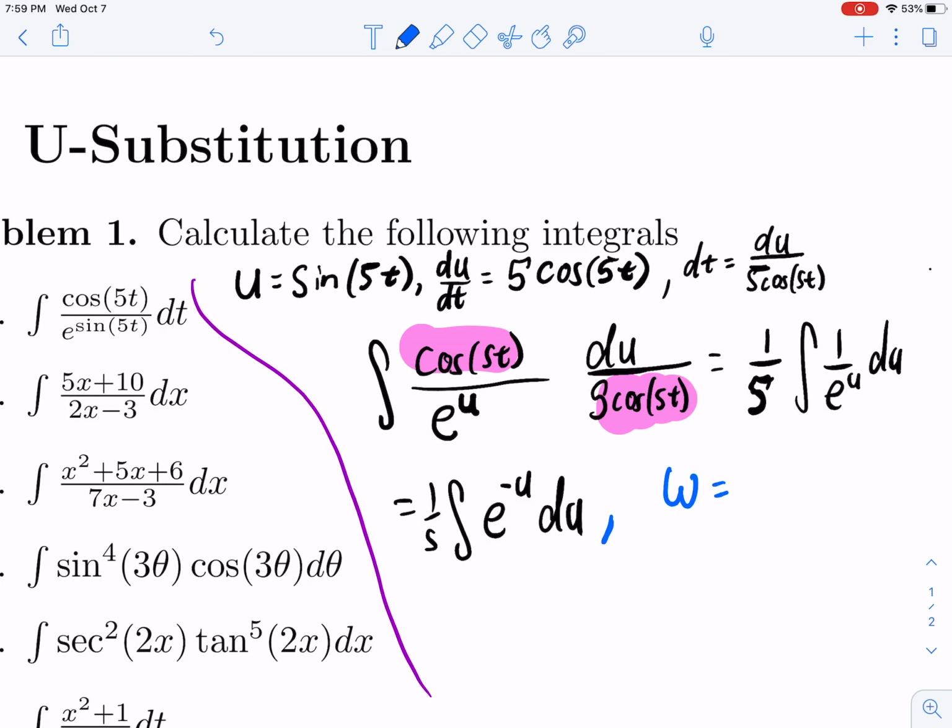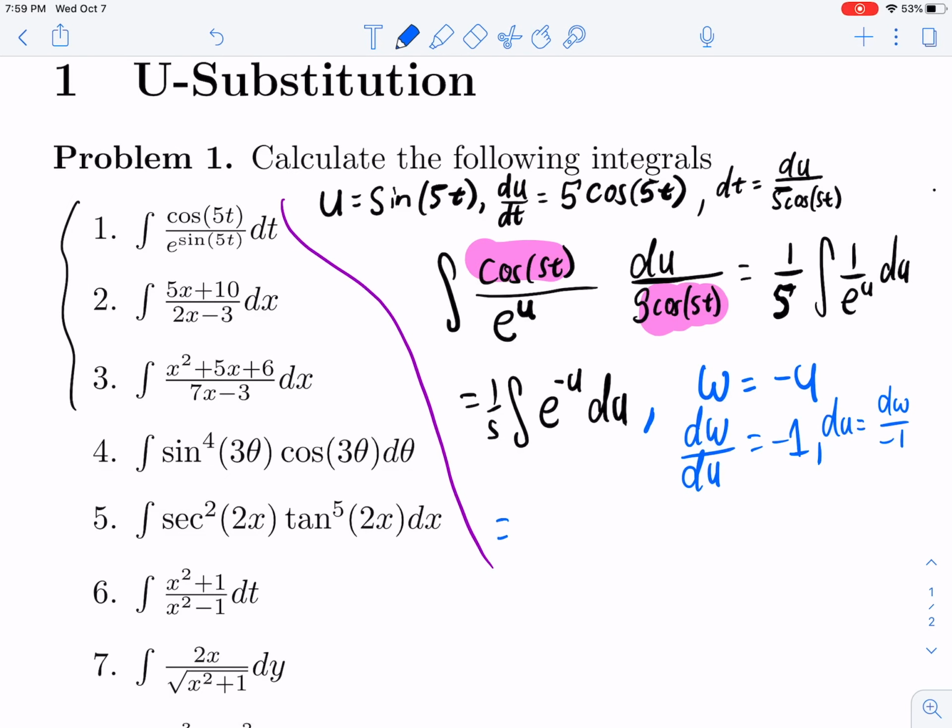We'll set W equal to minus u. dW du, and that du is because we're taking the derivative of a function which has u's in it, is equal to -1. So du is equal to dW over -1.